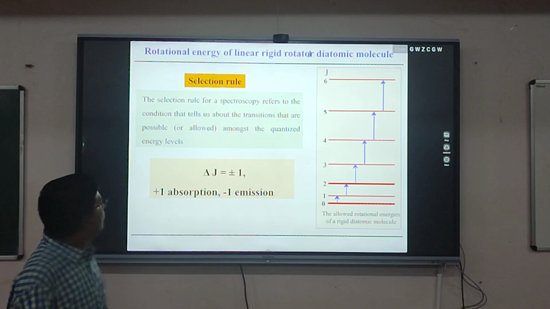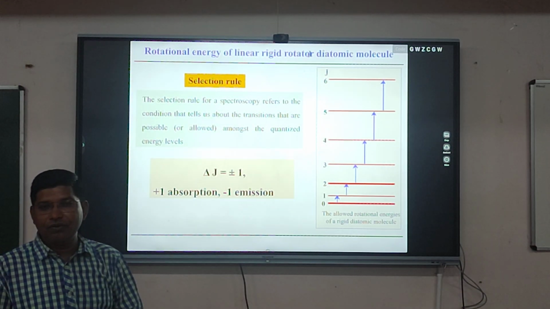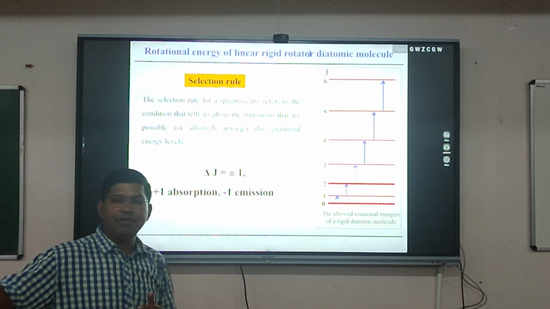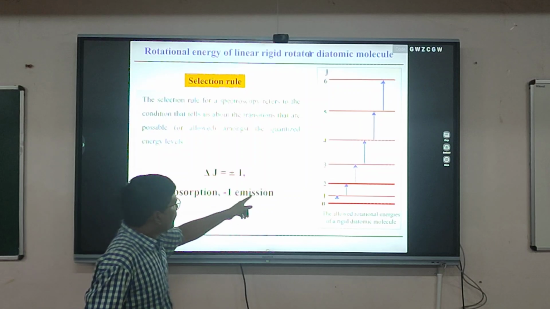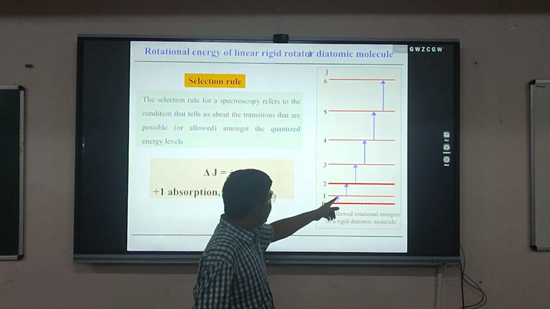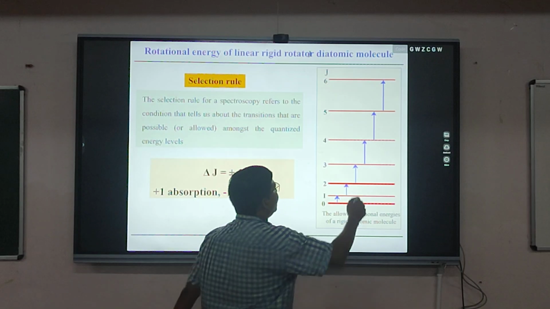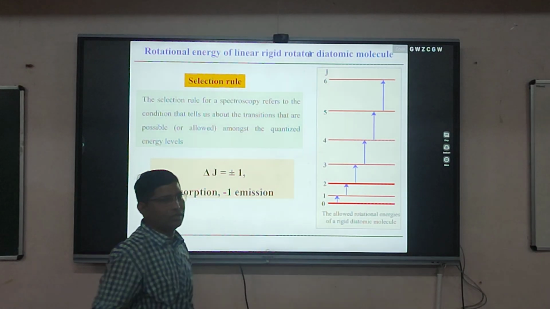Now, what is J? J is the rotational quantum number, and J will be 0, 1, 2, 3, 4. So these are the allowed electronic transitions: from 0 to 1, 1 to 2, 2 to 3, 3 to 4, 4 to 5. These are called allowed transitions.